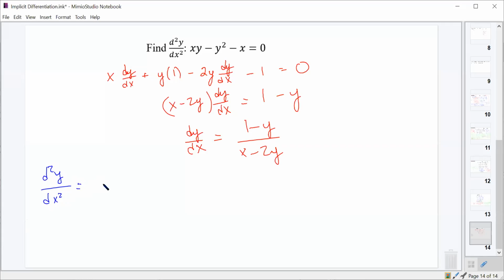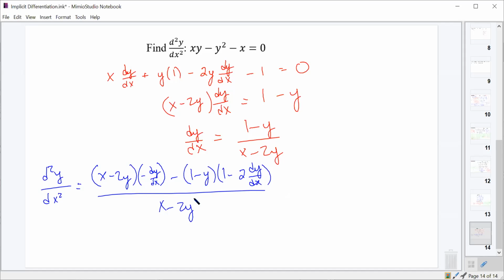So the denominator times the derivative of the numerator, which is negative dy dx, and then minus the numerator times the derivative of our denominator, which is 1 minus 2 dy dx, all over that denominator squared.